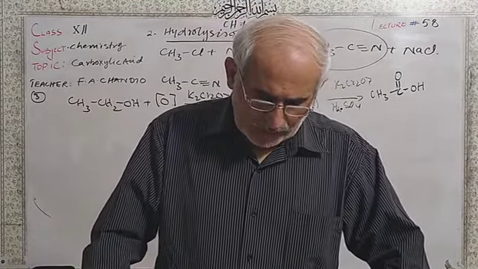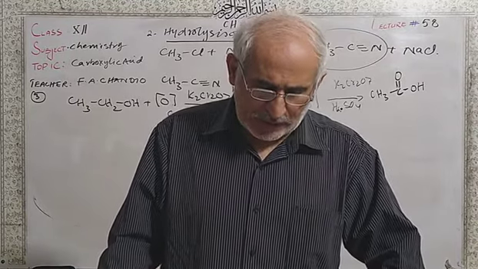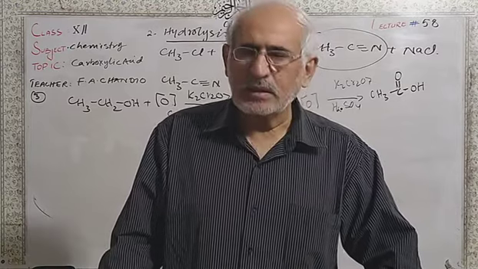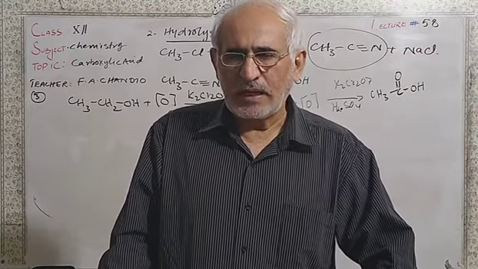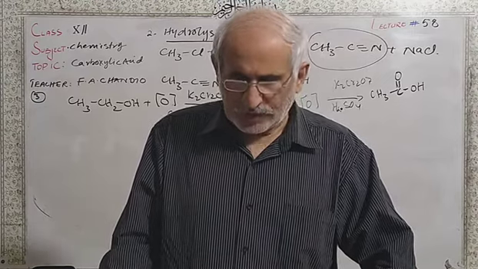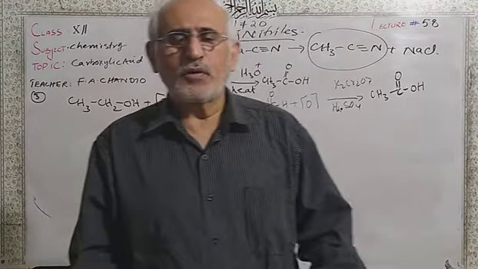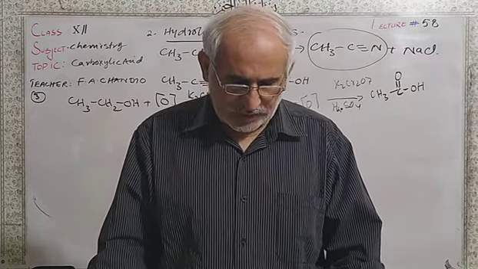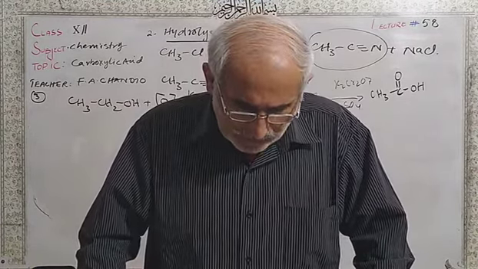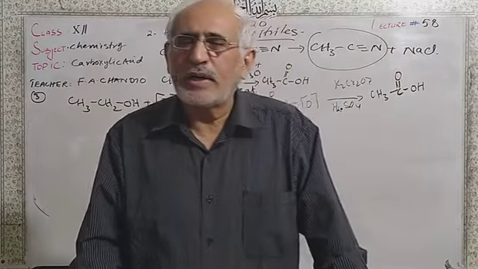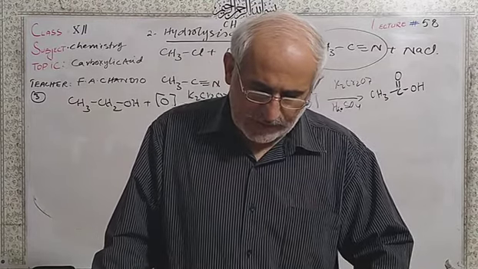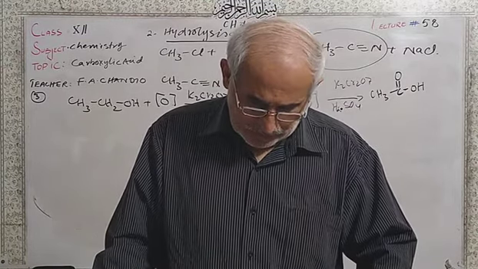Now directly you can use the mild oxidizing agents just like Benedict's reagent, Fehling's solution, Tollens reagent, and potassium dichromate, sulfuric acid with dilute nitric acid, as we did in the previous lecture, so that these aldehydes can be converted into carboxylic acid. Aldehydes can be converted directly into this.